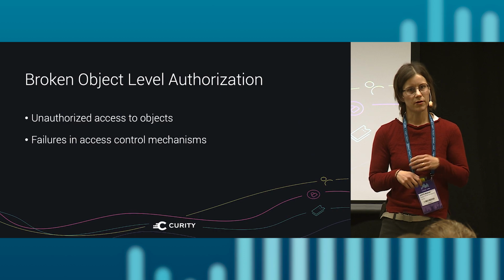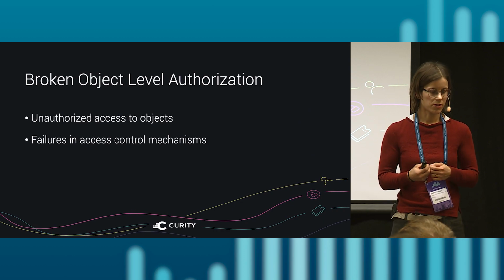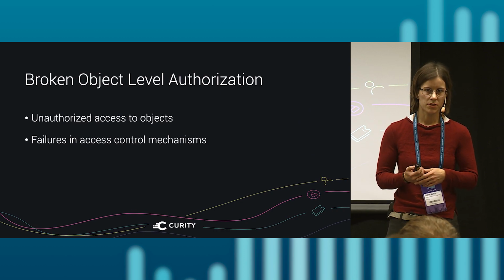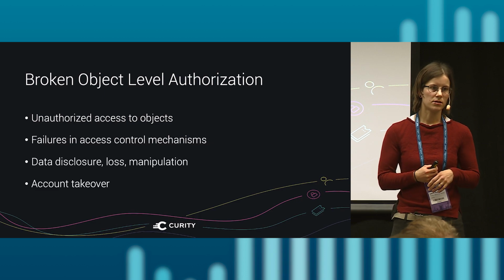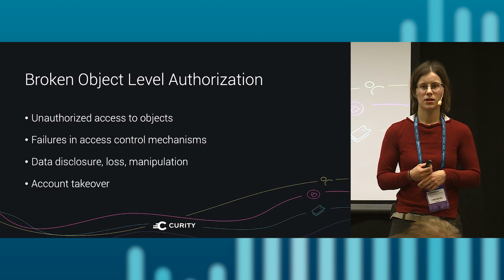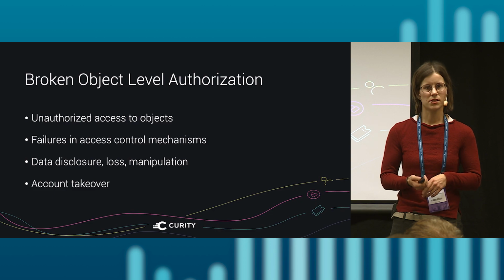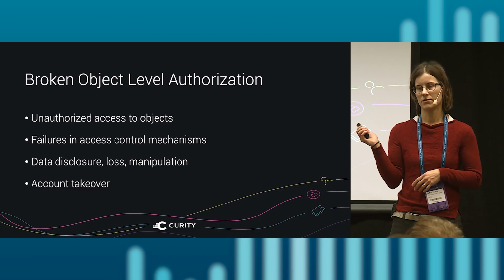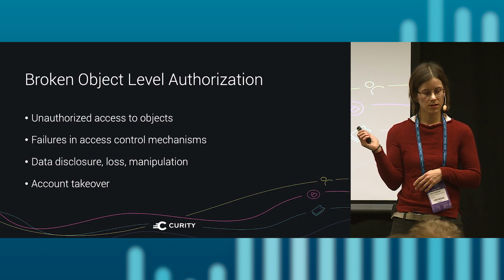For example, object IDs can be part of the URL. Broken object level authorization means also that there are flaws in the access control mechanisms, which can lead to data disclosure, manipulation, data loss, and in the worst case, account takeover. And we already know what that means.